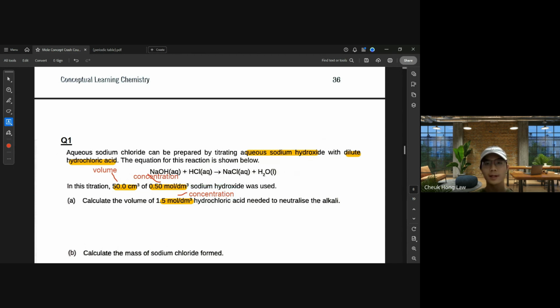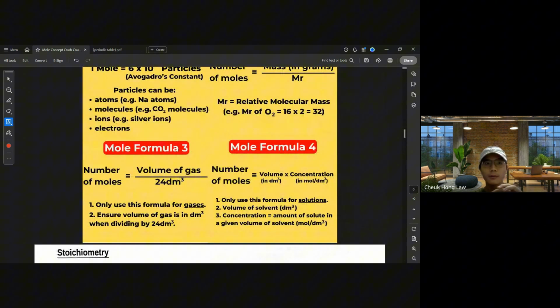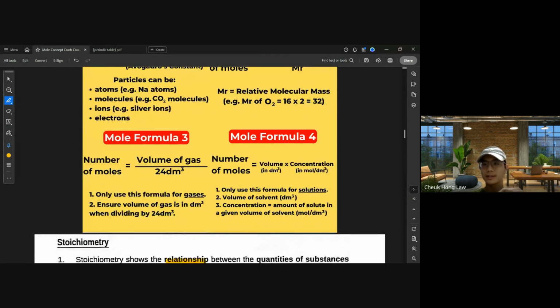So just from looking at this, I can actually use one of the mole formulas to find the number of moles already. In this case, I have the volume and concentration of sodium hydroxide. If you recall, the mole formula for a solution is number of moles equals volume times concentration.